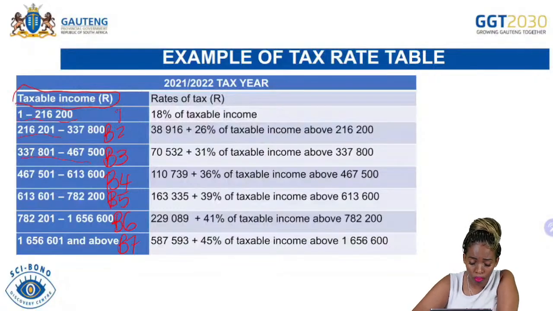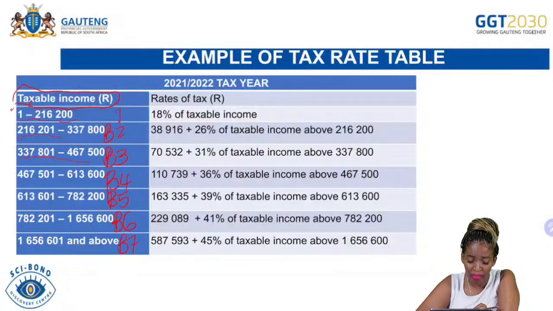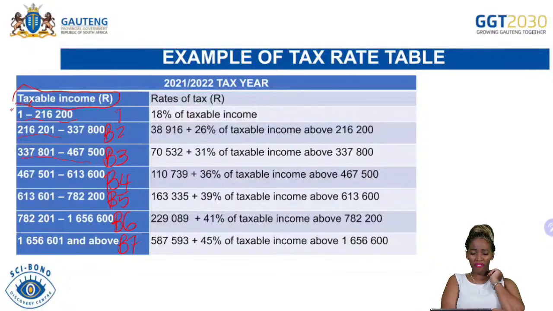So what we do now, when you have your annual taxable income, is go to your taxable income column and check under which tax bracket you are going to find your taxable income. If your taxable income is between the values of 1 and 216,200, then your taxable income will fall under bracket 1. If your taxable income was 500,000 rand, then it would fall under what bracket?